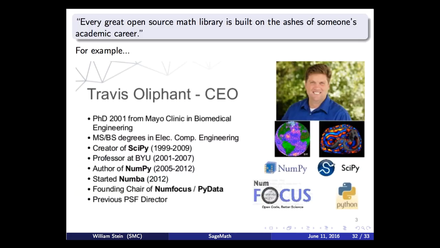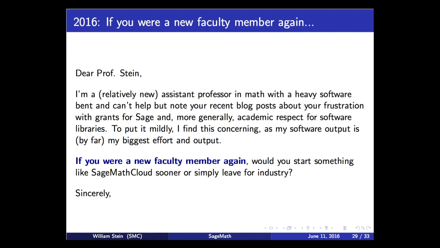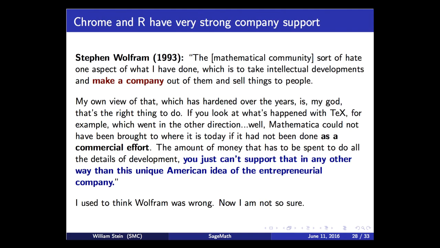So his question is, what was my comparison with TeX about? And this was not me, this was Stephen Wolfram. And this is 1993. So I think Stephen turned out to be wrong. I think TeX has been a fantastic success.